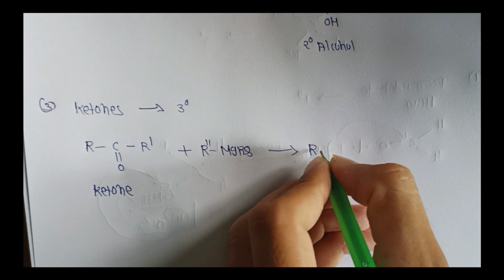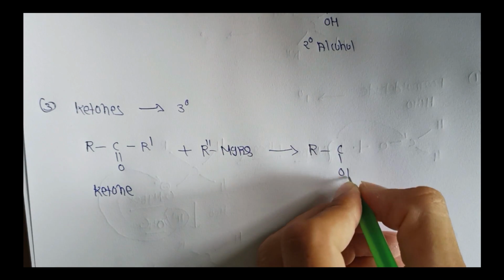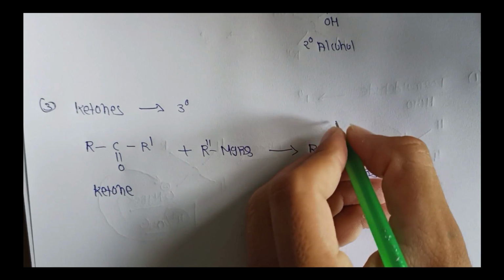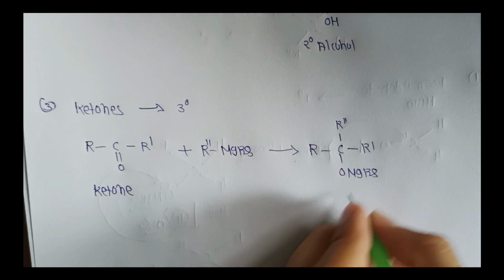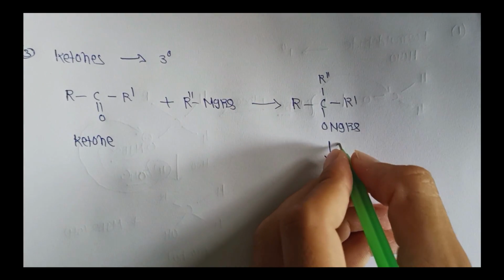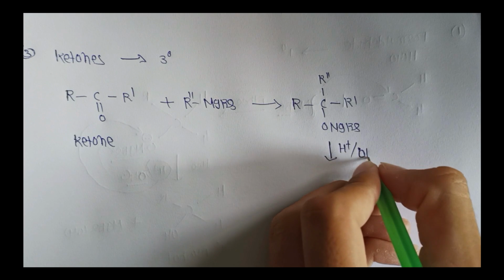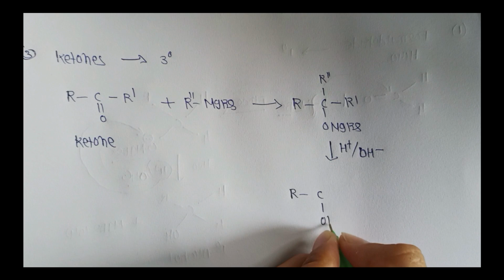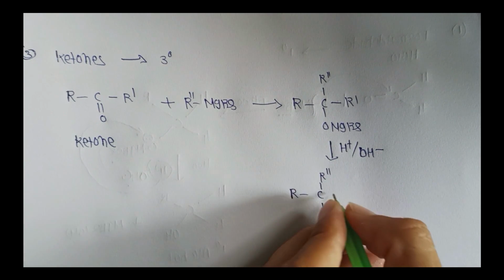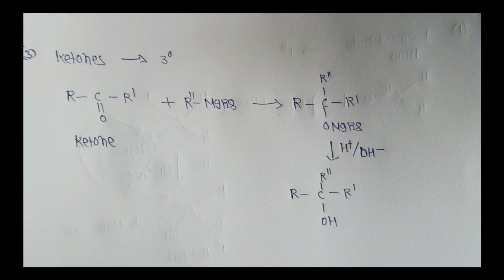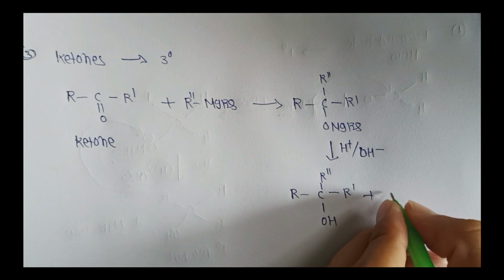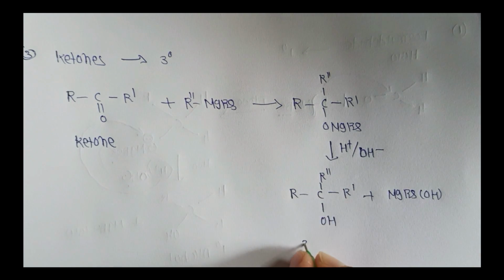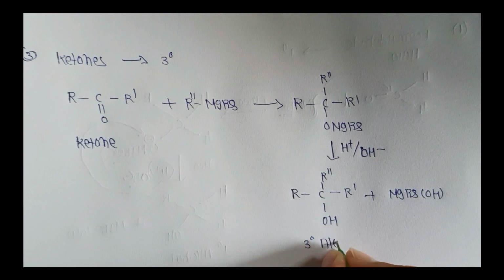First step is R, C, O, MgBr, another R', here another R''. Further react with H plus and OH minus. Here R, C, OH, R'' and R'. And the byproduct is MgBrOH. This is the tertiary alcohol.